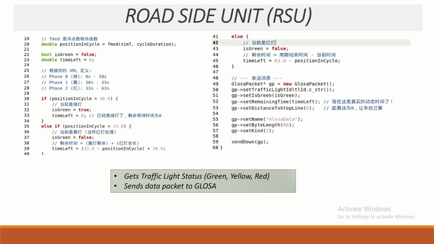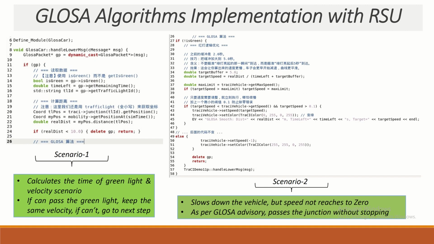It then packages the real-time data into a GLOSA packet and broadcasts it to all the V2I connected vehicles. So this is the heart of the logic of our main project, where the GLOSA is implemented.